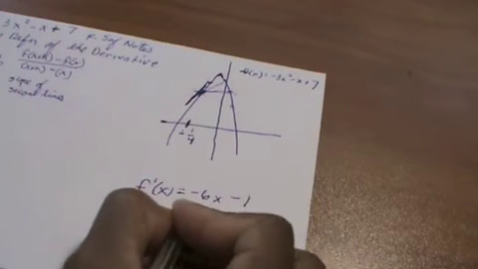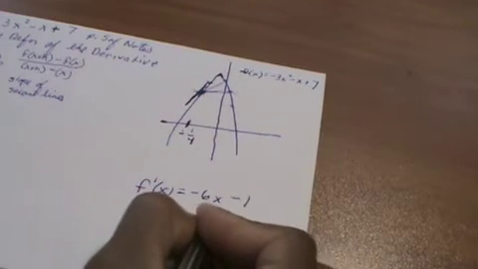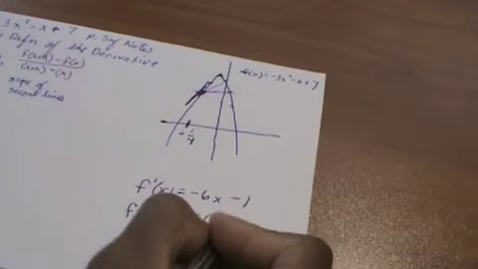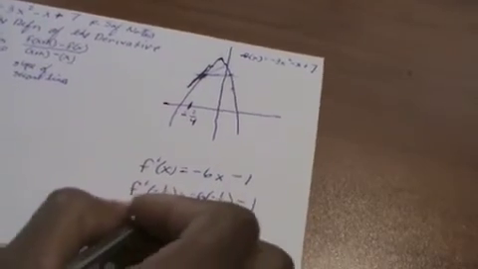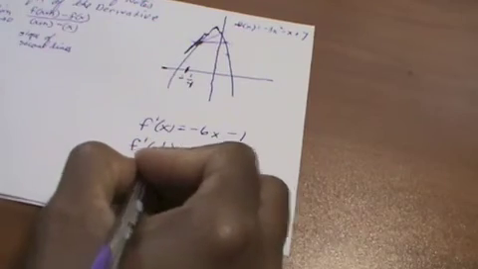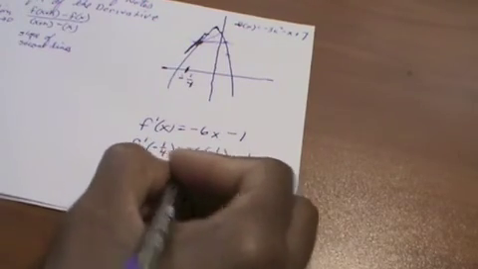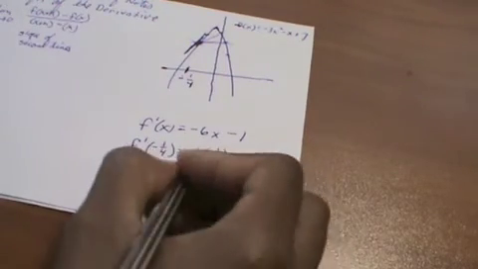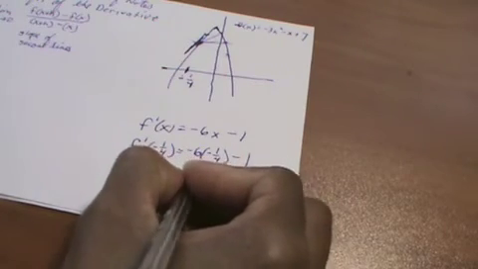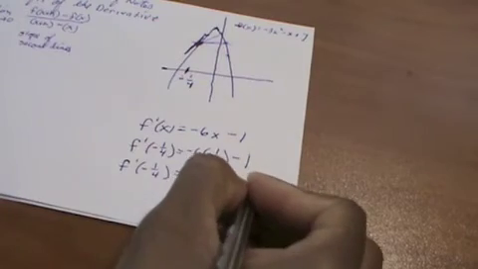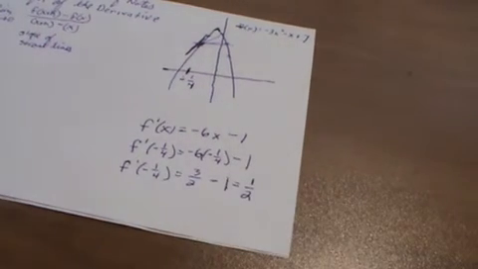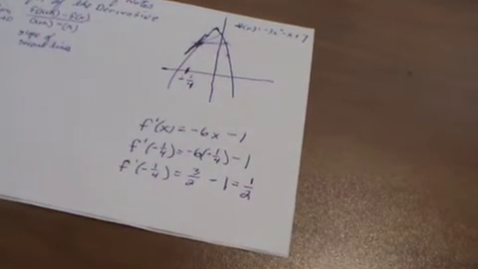So this equals negative 6 times negative 1/4 minus 1, which equals, let's see, f prime of negative 1/4 then equals 3 over 2 minus 1, which equals 1/2. Assuming that I did everything right. You can always check my math.